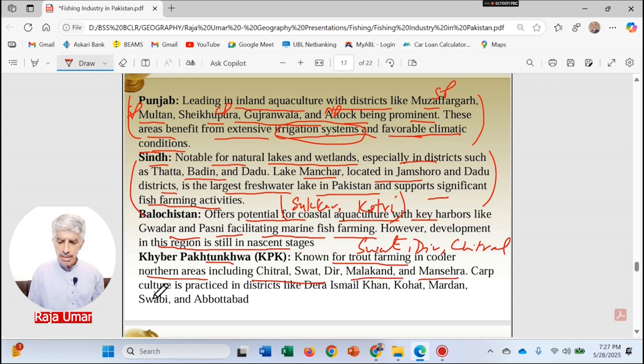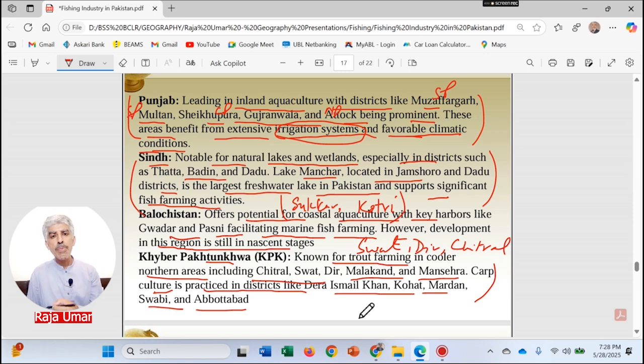Carp culture is practiced in districts like Dera Ismail Khan, Kohat, Mardan, Swabi, and Abbottabad. Again, these are the techniques to grow fish on modern lines. Pakistan is switching towards modern fish farming techniques and methods, so that in lesser time more and more fish yield can be taken from those ponds and farms, so that more and more profit can be earned.